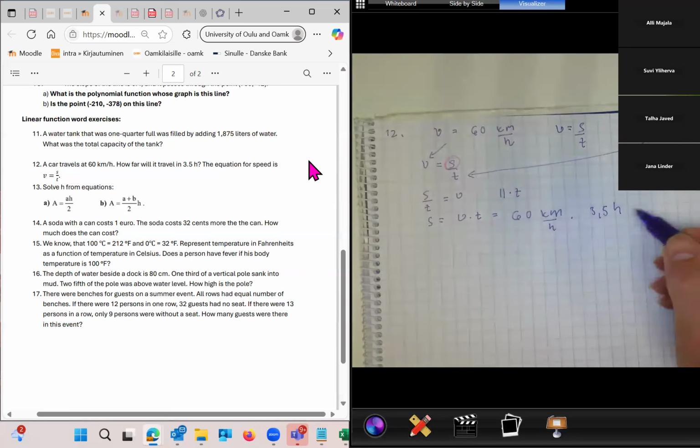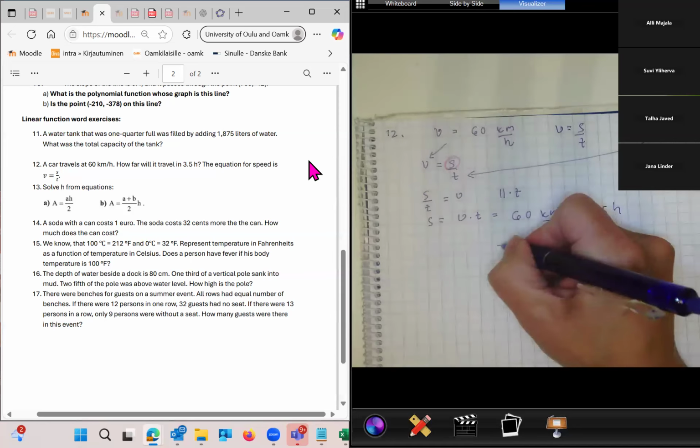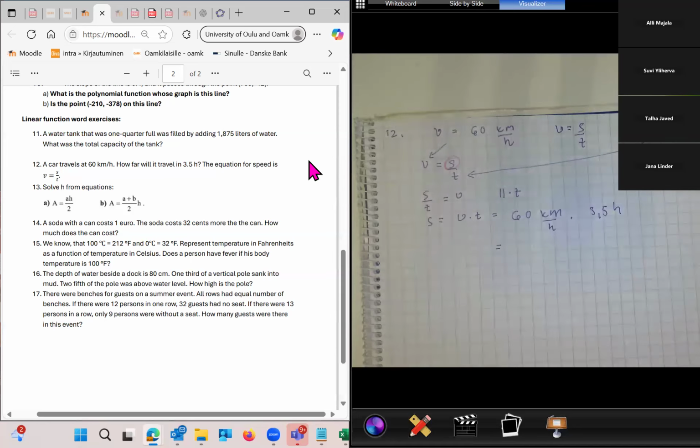It looks like you easily get the units to work. You just get the kilometers out of this.